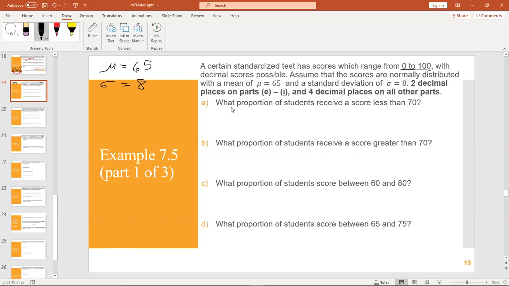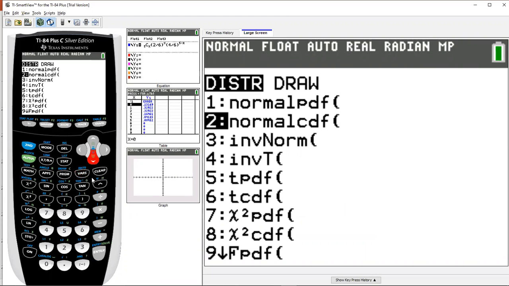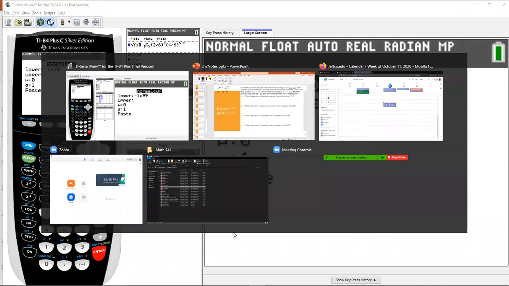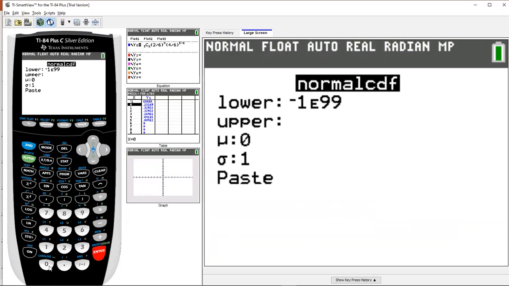Let's see here. We're going to find the proportion of students who have a score less than 70. What we're going to do is go to 2nd Vars, doing normal CDF here. We want scores less than 70, so we want to go as low as we possibly can, which is actually going to be 0 in this case, although really we're supposed to go to negative infinity.